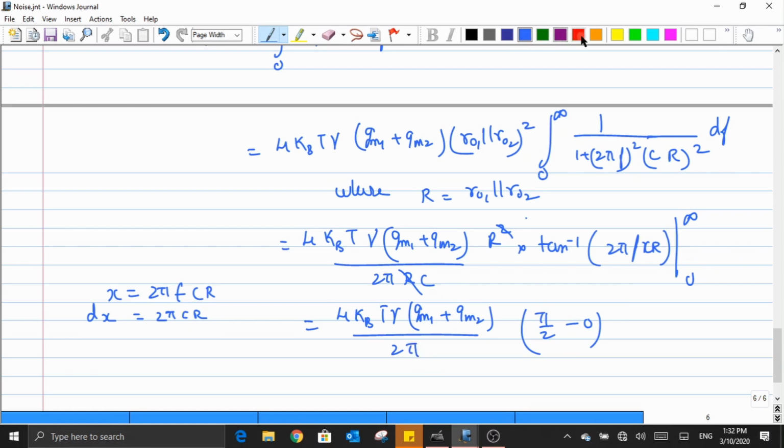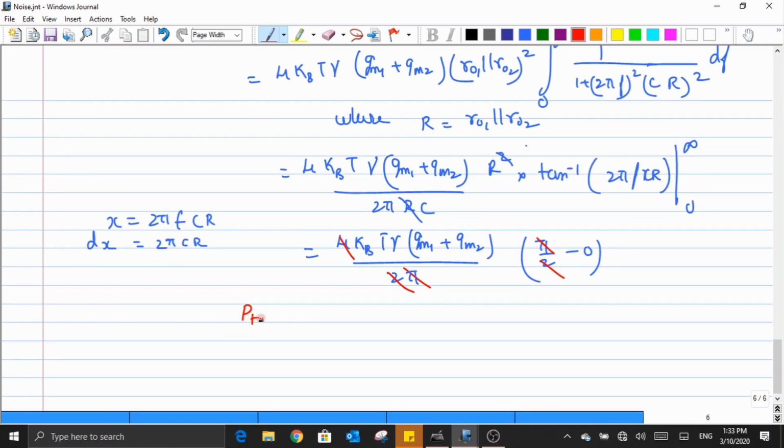Again, the pi's could be cancelled, and this 2 and this 2 with 4 could be cancelled out. So finally, I would end up having the total power at the output as follows. Always remember that you need to substitute the value of gamma. Okay, so at the end of the result, ensure that you are using that gamma value.